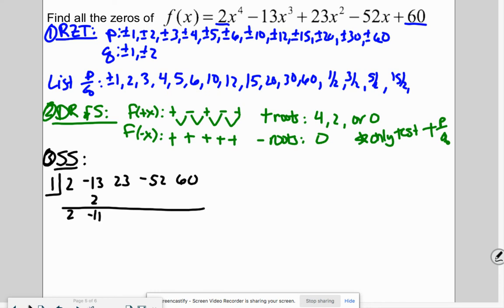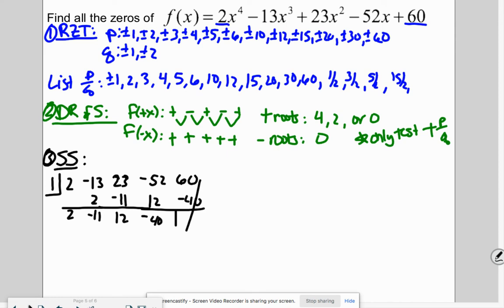Negative 11, negative 22. Oops, that's not negative, excuse me. See where I already made a mistake. That's 23. It's negative 11, there we go. 12, 12, negative 40. Already can see that's not going to be 0. Nope. Okay. So move on to 2.